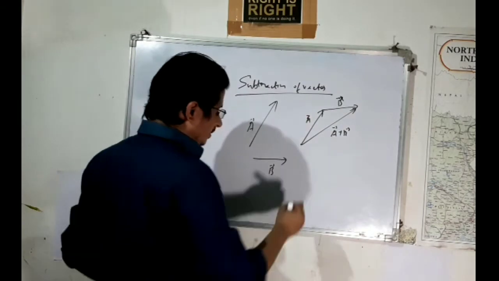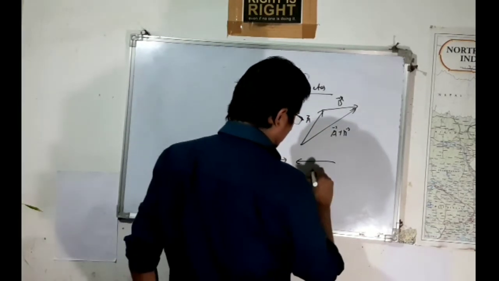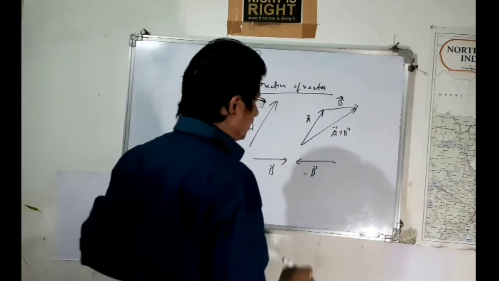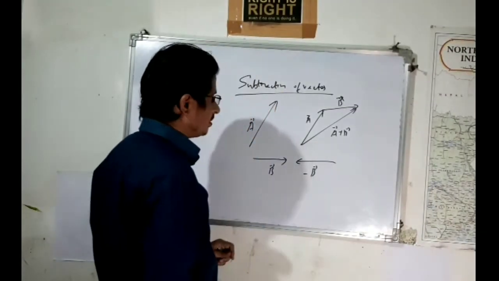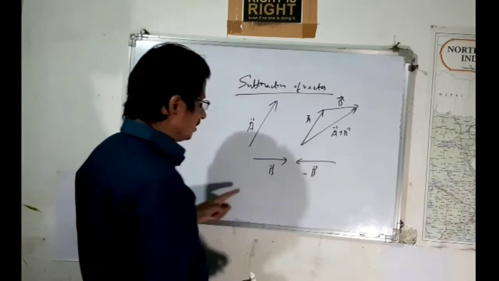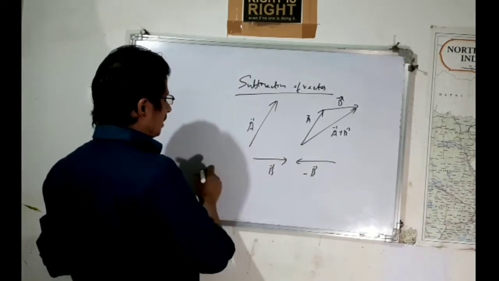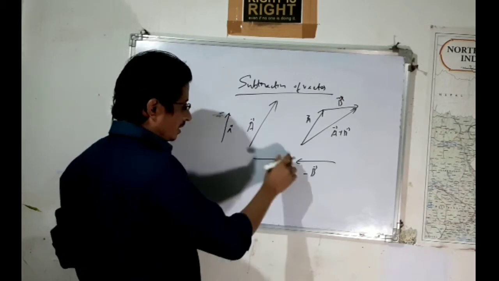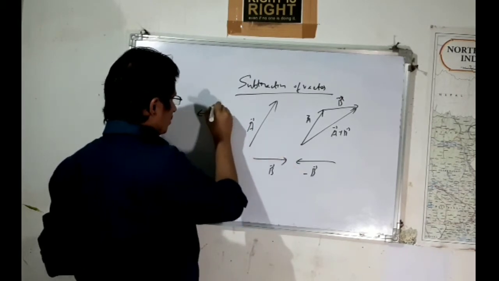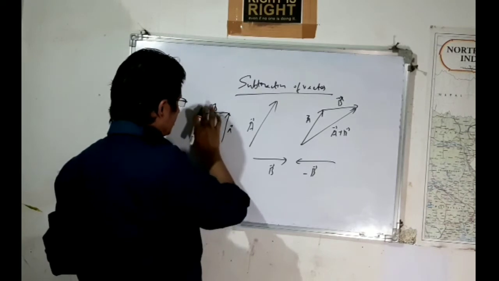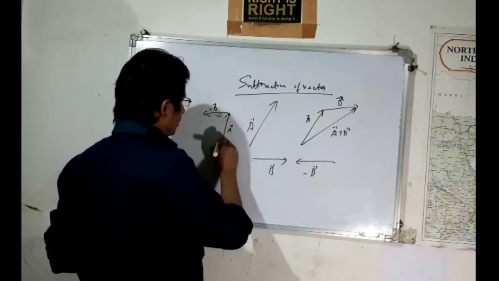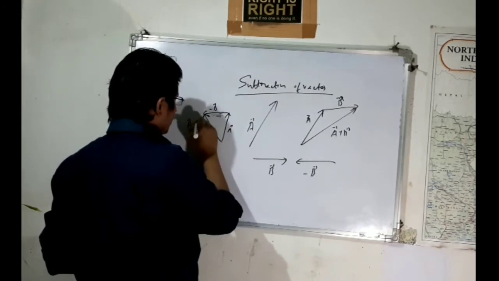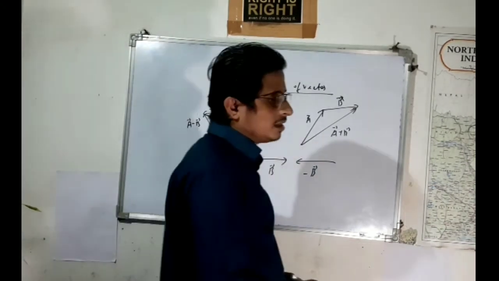But if we take minus B, the direction of the vector changes. Now if we add these two vectors by the triangular method, then we see this is the A vector and this is the B vector now. So the direction of the resultant vector will be this, and this is known as vector subtraction.